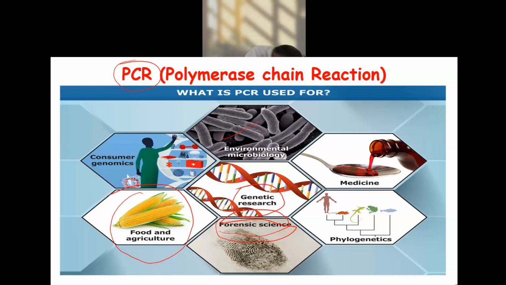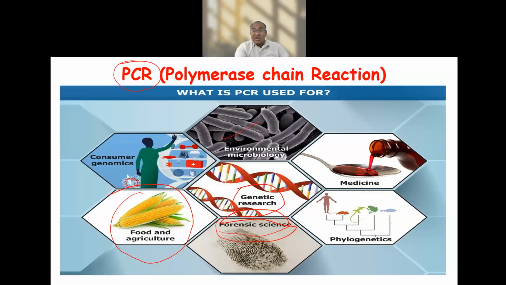When I want to use recombinant DNA technology, I need the polymerase chain reaction to identify the particular sequence of the nucleotides where I can have a synthesis of new DNA. New DNA. So that's very important for me to understand. So the food and agriculture is also.